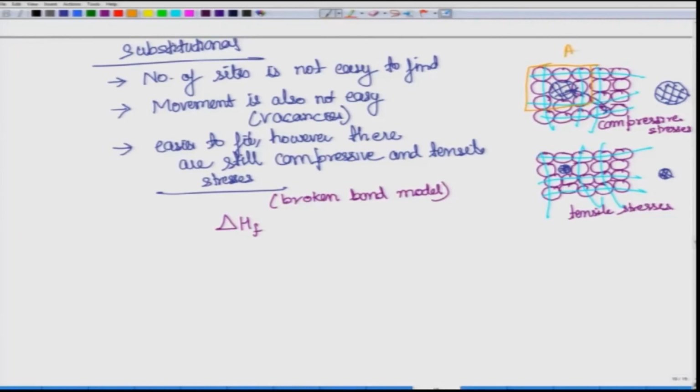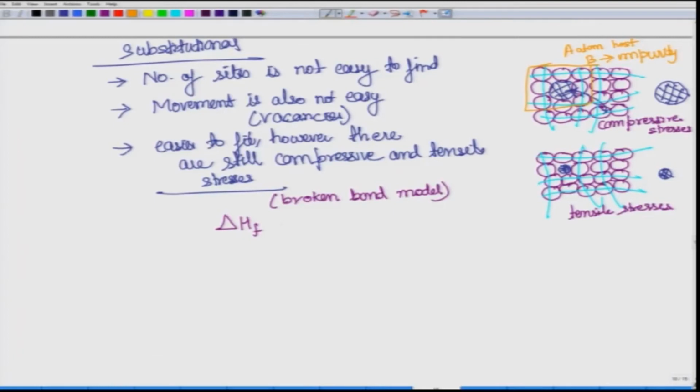So, A atom is host and B is the impurity. Now, what will be the formation energy of this? This would be directly related to how many bonds have been broken for the original atom if it were there, and how many new bonds have been formed when this impurity B atom has been put there.